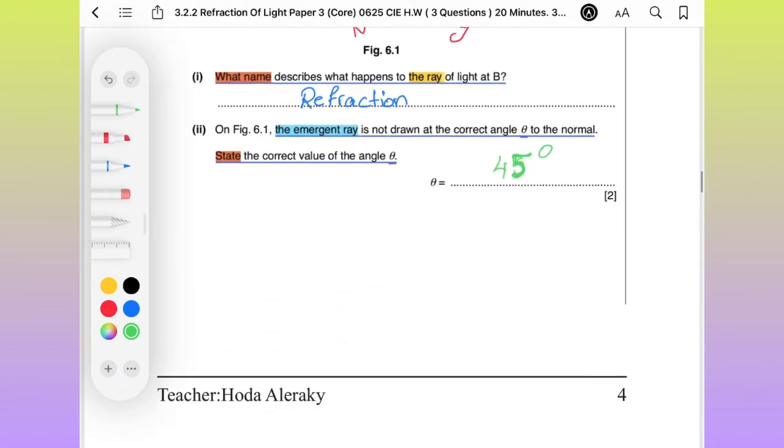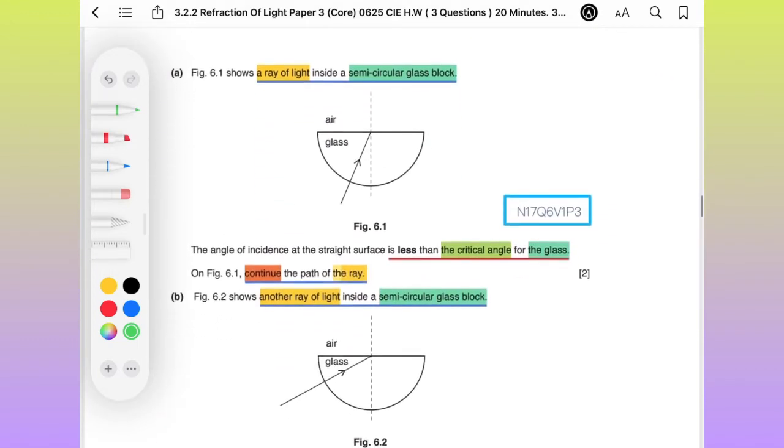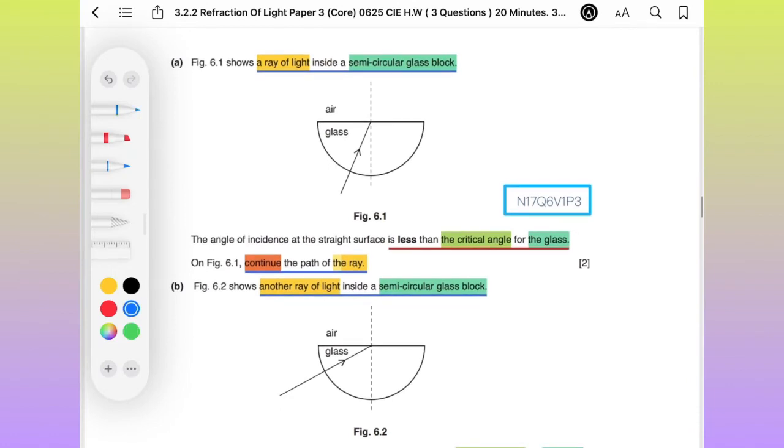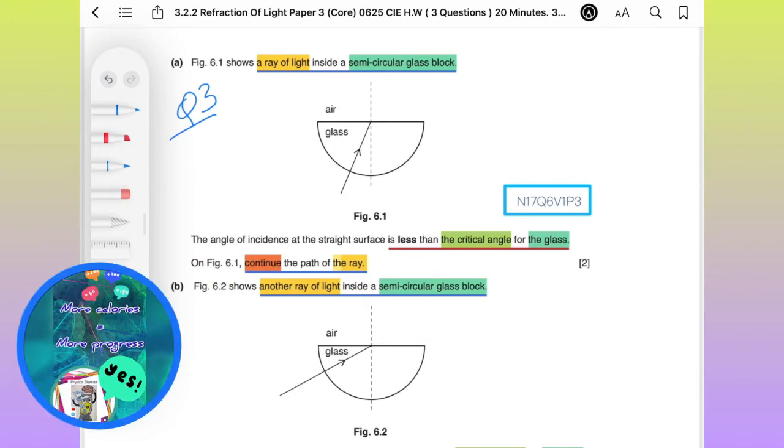Okay, question 3. Semicircular glass block. The angle of incidence at the straight surface is less than the critical angle. So back to compare angle of incidence and critical angle, we have 3 options according to the case.